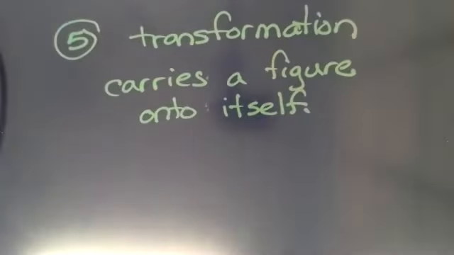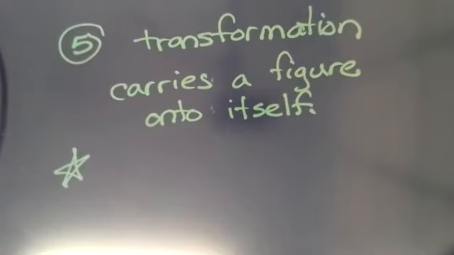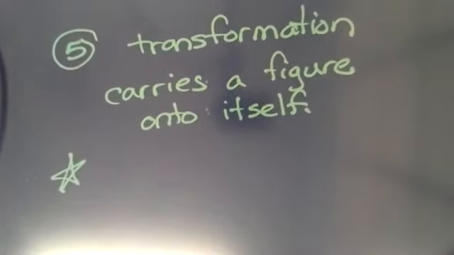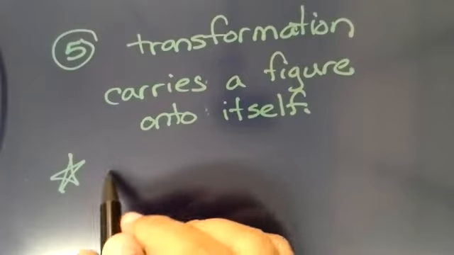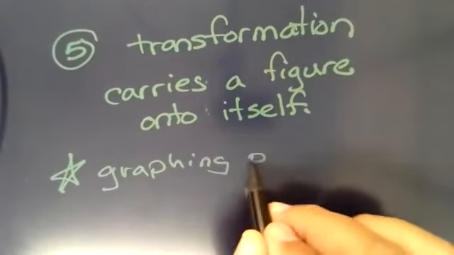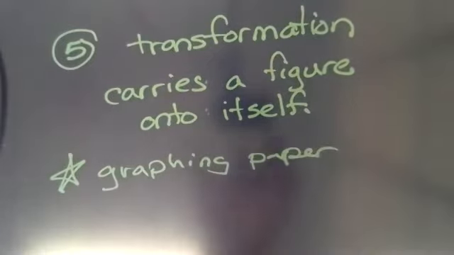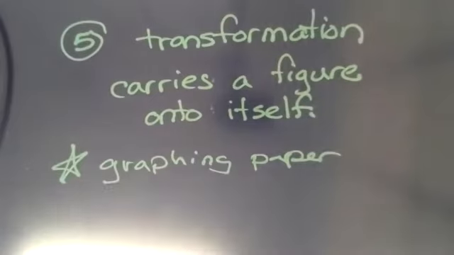In other words, when a figure is carried onto itself, for this one, guys, I suggest, if you are visual thinkers, it might be helpful to have graphing paper. Okay? Graphing paper. All right?